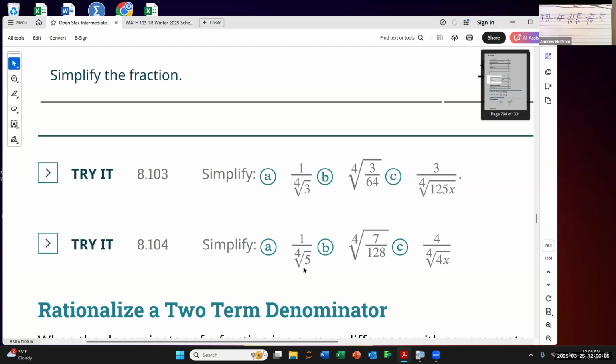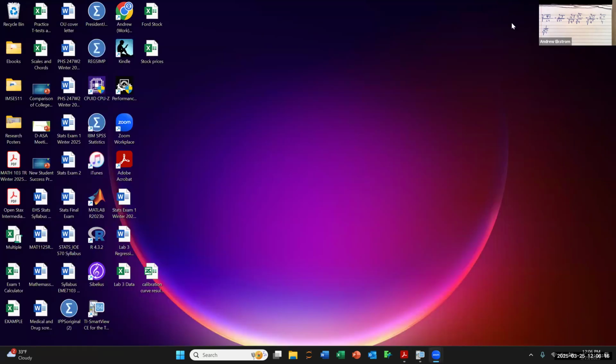I'll do this first one here. So 1 over the fourth root of 5. So again, I need to have this so that it's going to be 5 to the 4th power to cancel out the 4th power here. How do I do that?